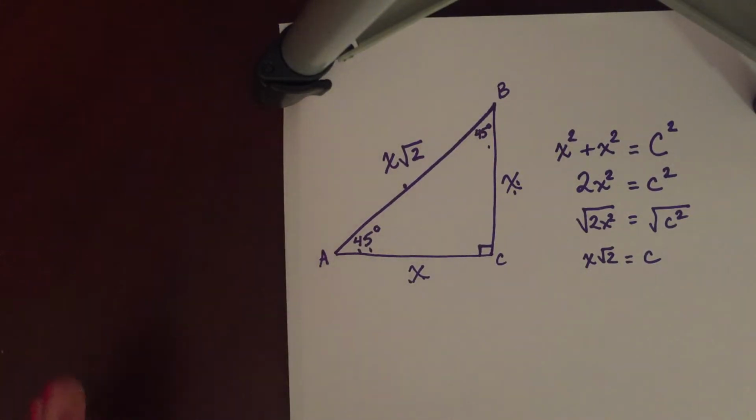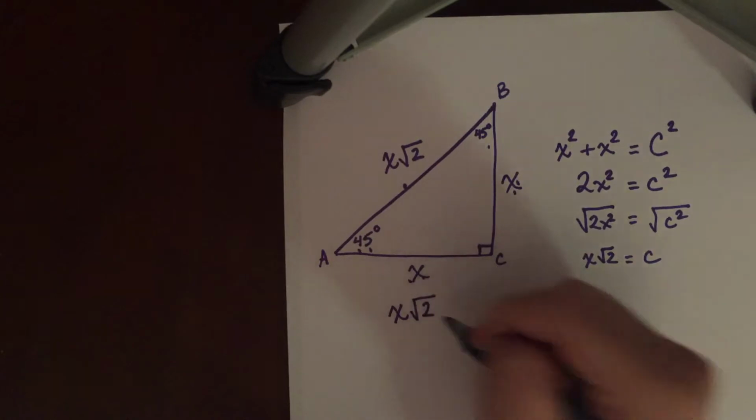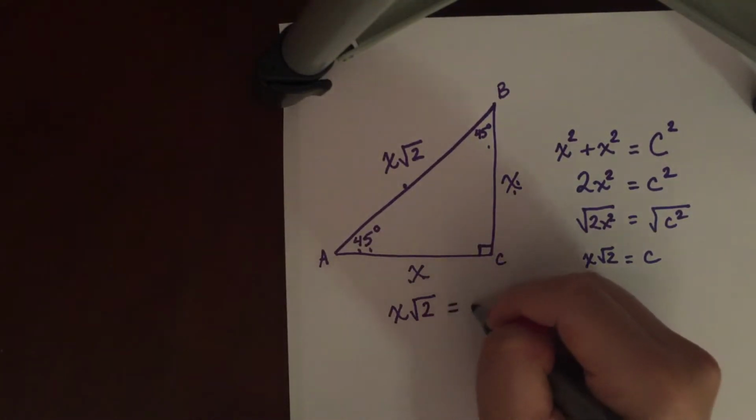So we're going to say that our hypotenuse equals 1, which means we have x radical 2 is equal to 1.